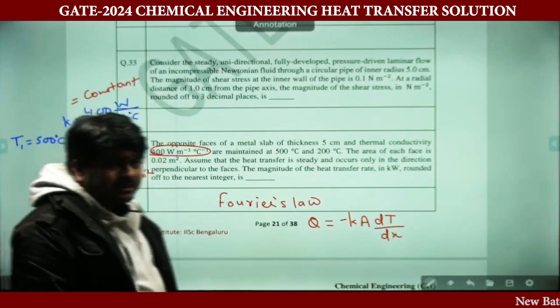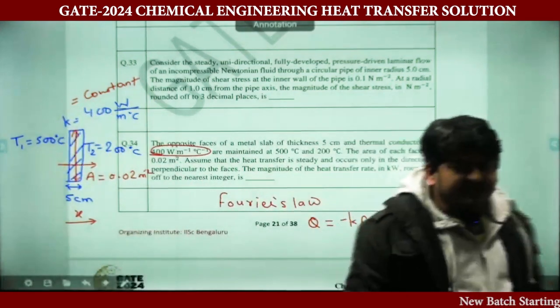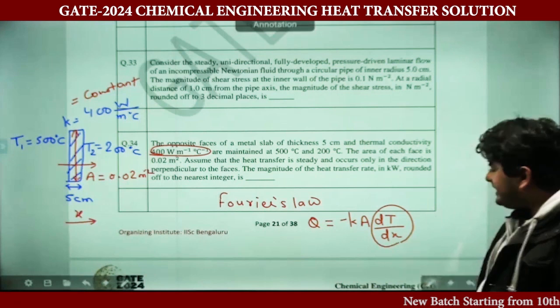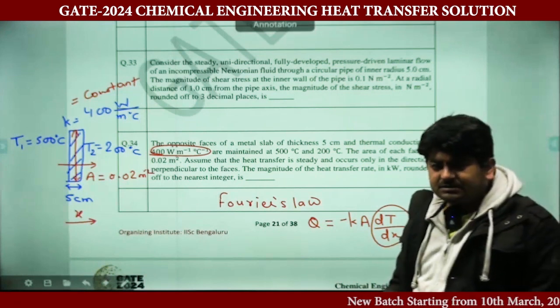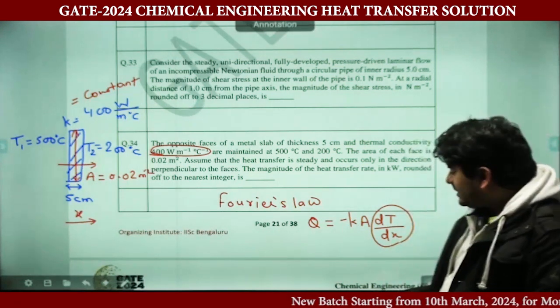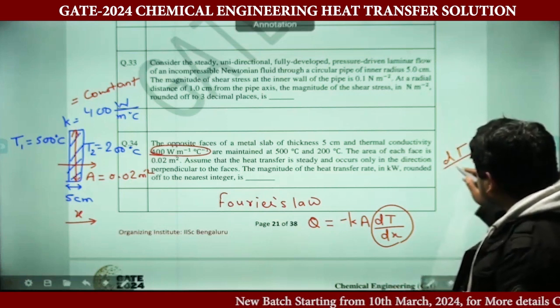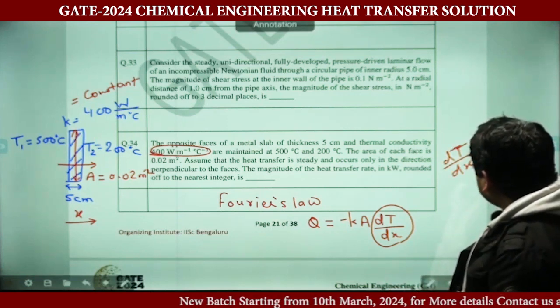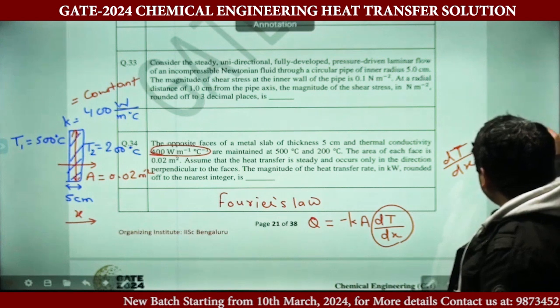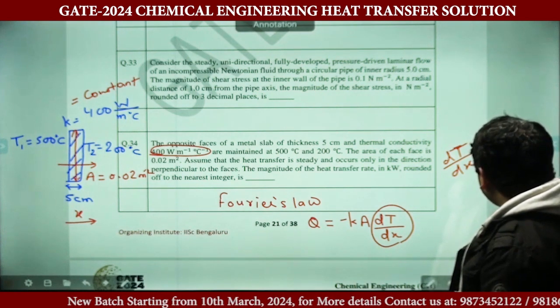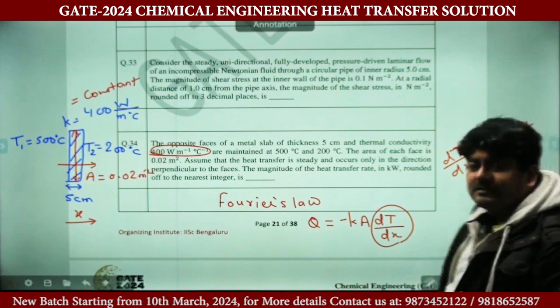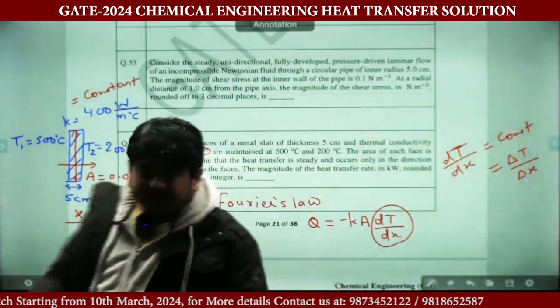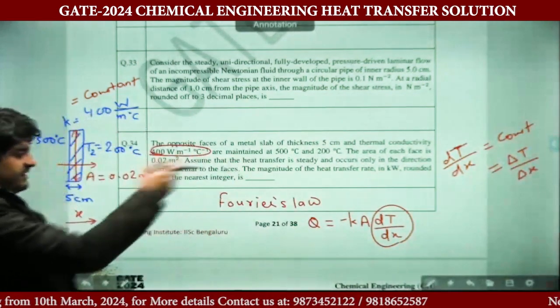So you know that if thermal conductivity of a solid is constant, the temperature gradient will also be constant at steady state. So dT by dx will be constant, which we can also write as delta T over delta x in that way, since it is constant. So based on 2 sides we can write like this.